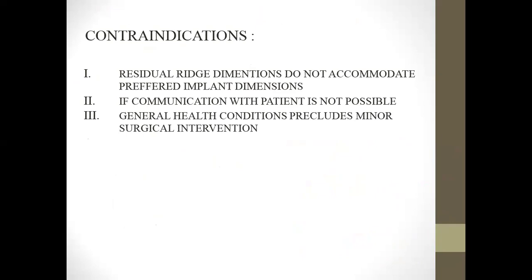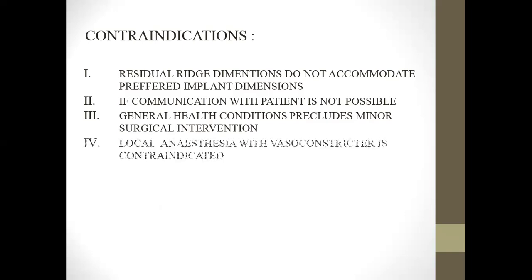Then, since the implant has to be placed in a good amount of alveolar bone, when extensive surgery is required in residual ridge cases, it is usually not preferred. Any contraindication for a general surgical procedure holds good for implant therapy here as well. So this is a broad view of overdenture treatment in prosthetics.